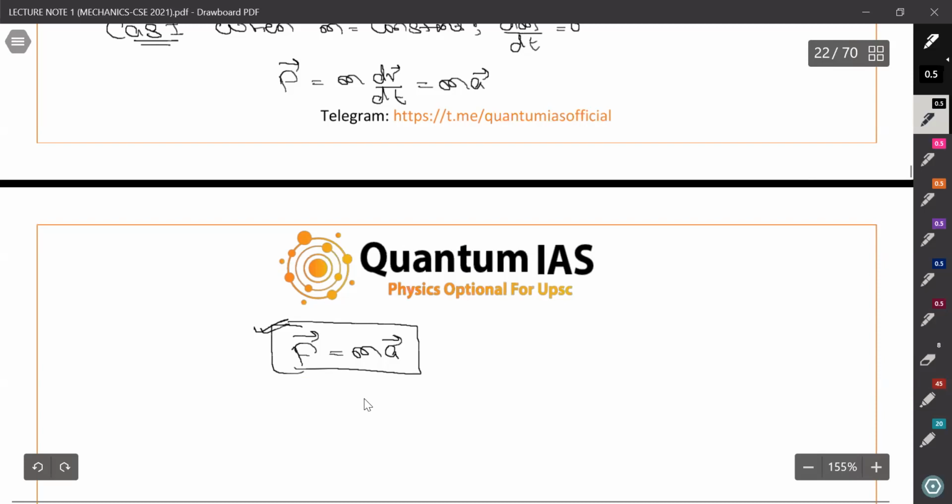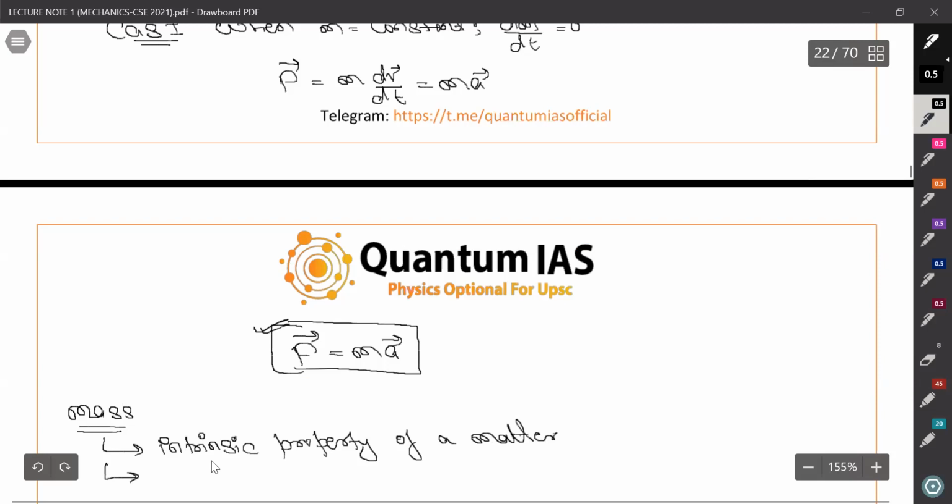And also we can define mass. From this we have defined mass as an intrinsic property. Intrinsic means internal property of a matter. And also it is a measure of resistance of bodies to a change in motion.